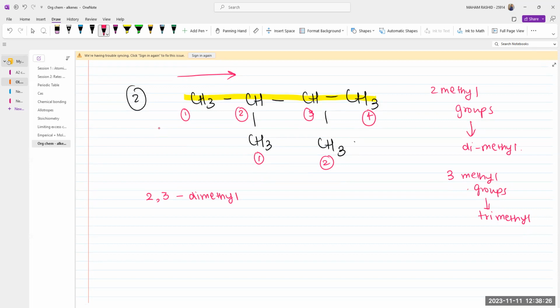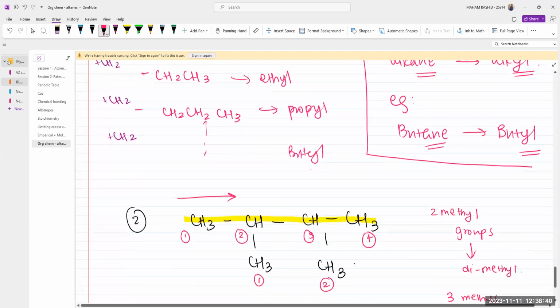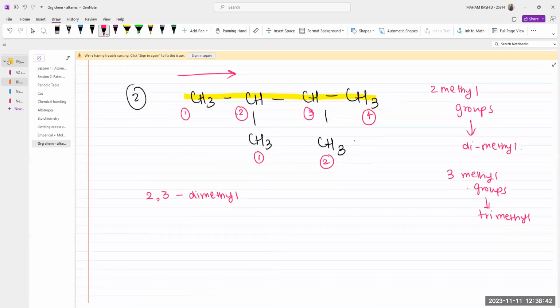And what's the longest carbon chain that we have? 1, 2, 3, 4. 4 carbons, butane, right? And what's a 4-carbon chain called? Butane. So butane, why?